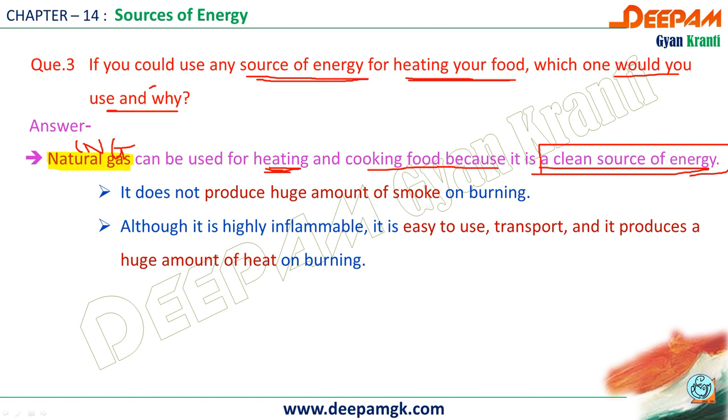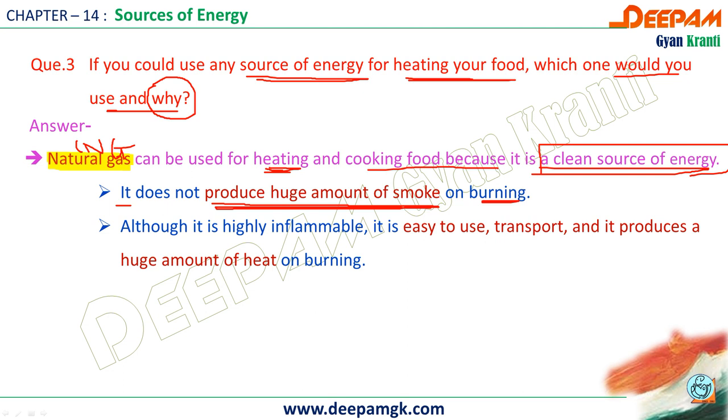We have been asked the reason as well, so the reason is here. The natural gas or the solar does not produce a huge amount of smoke. CNG never produces a huge amount of smoke on burning.